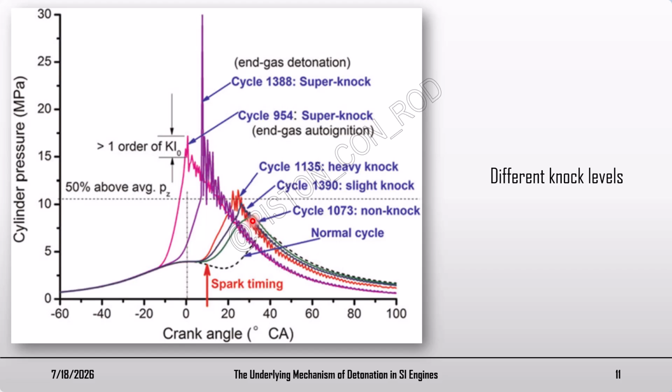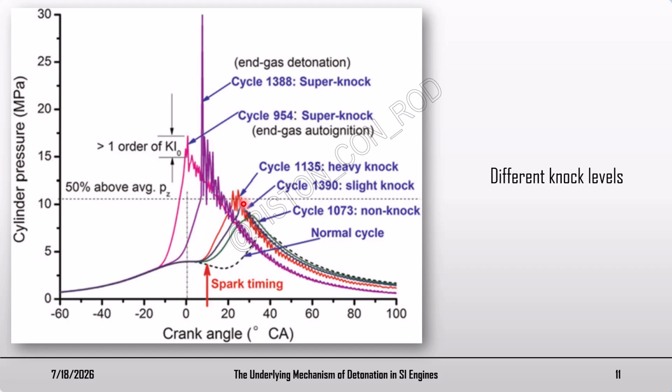But as you can see, it's not oscillatory, so it's not a knock event. This line here is a slight knock phenomenon. Again, auto ignition happened, probably some weak thermal explosions resulted into slight knock.